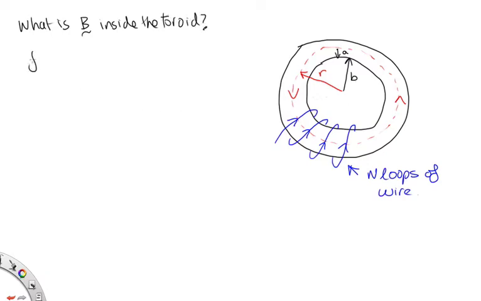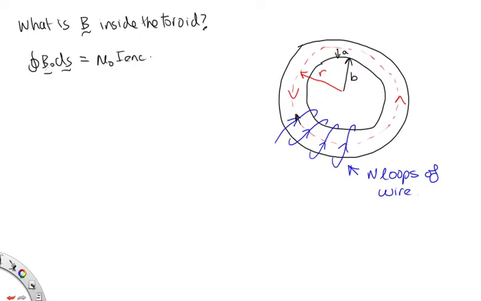Okay, so we've got B dot ds, that's the magnetic field around this path, is equal to mu naught I enclosed. Now let's just consider how each of these loops of wire is going to contribute to the magnetic field. You can see each of these loops is going to have some magnetic field going through its middle in this direction. So B and ds are in opposite directions, they're anti-parallel, so in this case we would end up with a negative sign.